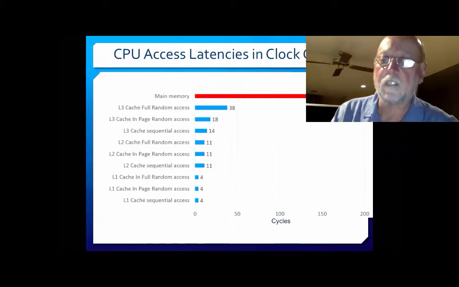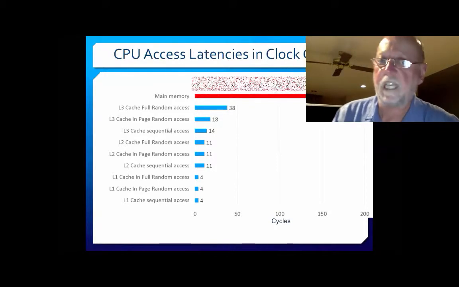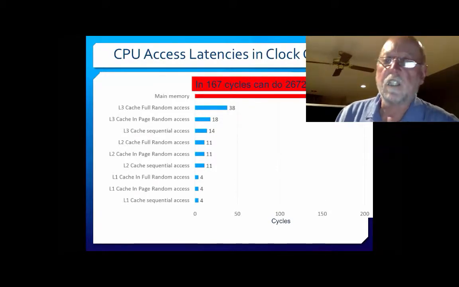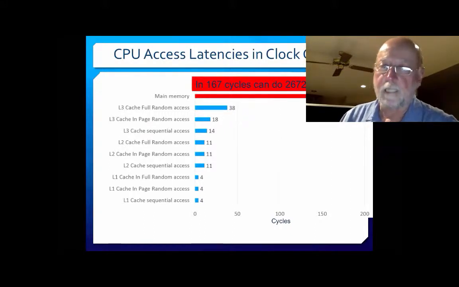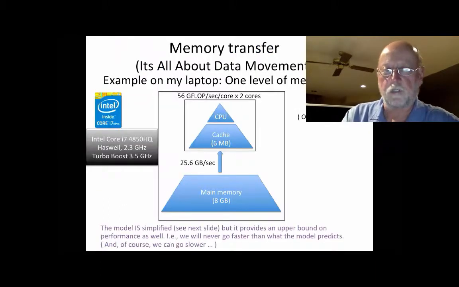And in that 167 cycles that we were waiting for that data, we could have done 2,672 floating point operations. So again, we have this tremendous mismatch between data movement and the floating point rate of our chips. So our machines today are really over-provisioned for floating point, and they're starved in terms of getting the information to the processor. And that's going to lead to a number of issues.